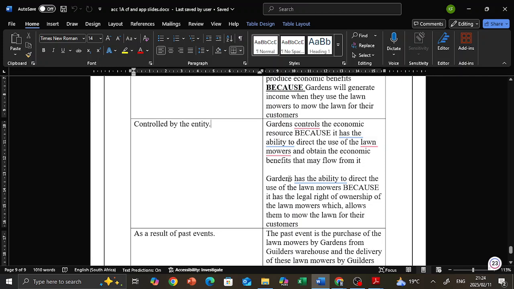Now we're stating why they have the ability. Well, because it has the legal right of ownership over the lawnmower, which allows them to mow the lawn for their customers. Clean. With this one, guys, there may be exceptions, but do not forget the main points that you have to mention.